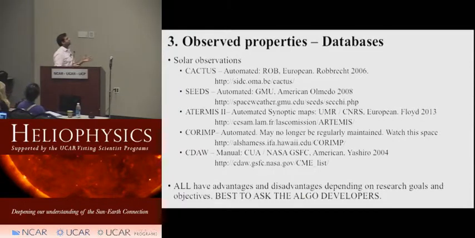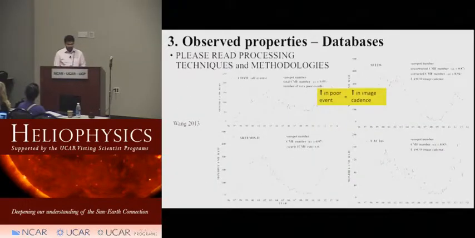But in both cases, if you're going to start creating lots of insights with these catalogs, you want to ask the developers of these algorithms if it's possible to do what you want to do. That's because there are lots of strengths and weaknesses, both with the manual and the automated.